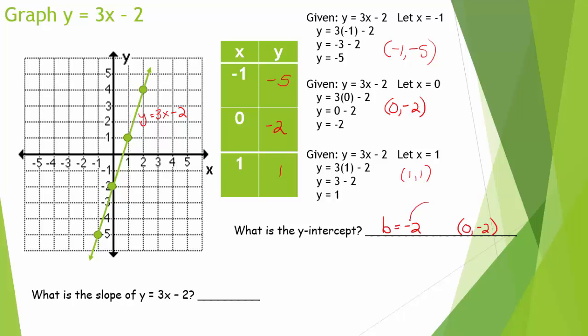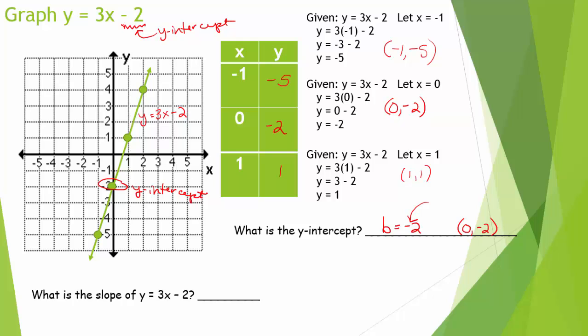So your y-intercept is -2, and you can pull that right off the graph. Hopefully you notice you can also pull that right off of the equation. This right here gives your y-intercept. This on your graph gives your y-intercept. It's just the spot where it crosses the y-axis.